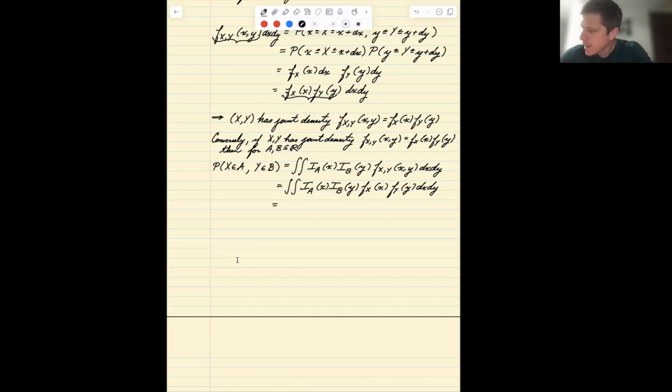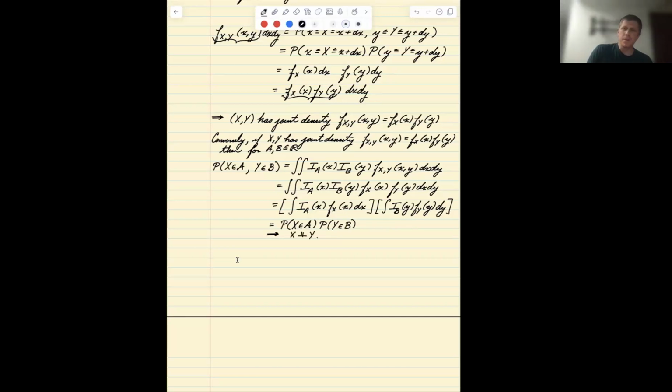But we can separate these because part of it only depends on X and part of it only depends on Y. So we can separate them out into the part that depends on X and the part that depends on Y. But when we do that, we realize this is just the probability that X is in A times the probability that Y is in B, which implies that X is independent of Y.